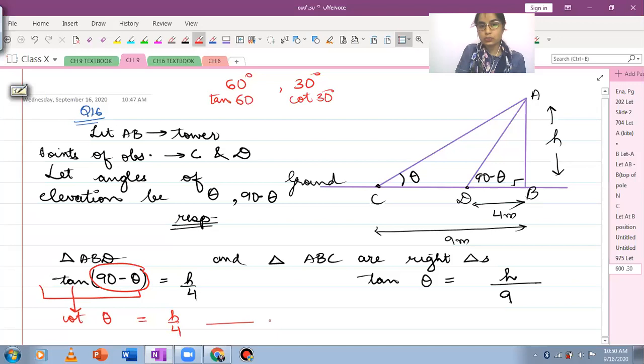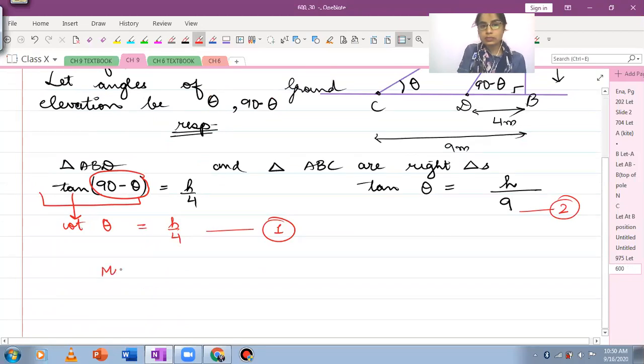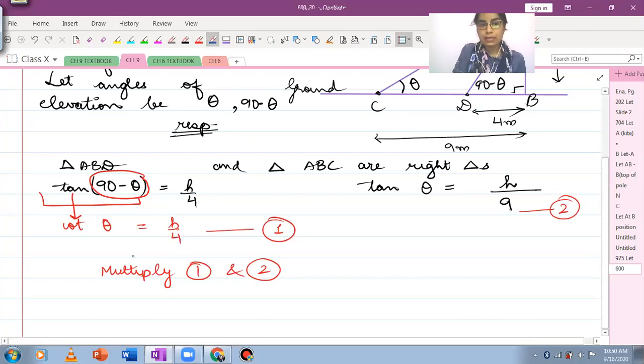So now we have these two relations. I'll just mark these as 1 and 2. After this, I'm going to simply multiply the two relations. The reason I'm multiplying 1 and 2 is because on the left hand side, I have the reciprocals of each other. Once you multiply the reciprocals, the left hand side product will become 1.